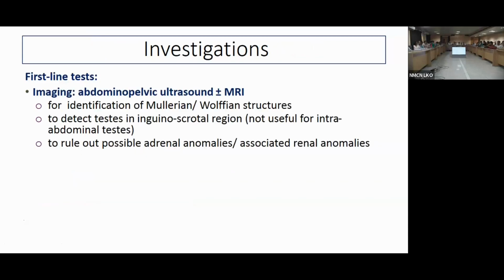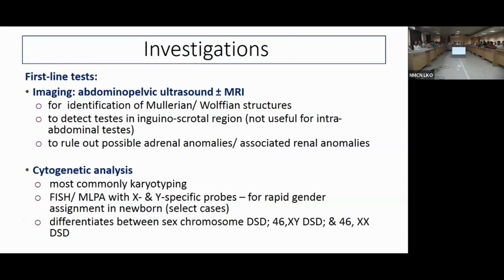The first line tests are always the imaging and the cytogenetic analysis. So imaging, you would do the abdominopelvic ultrasound with or without MRI. This helps us to look for the Mullerian and Wolffian structures internally and to detect the testes in the inguinal scrotal region. I believe it is not useful for intra-abdominal testes, right?